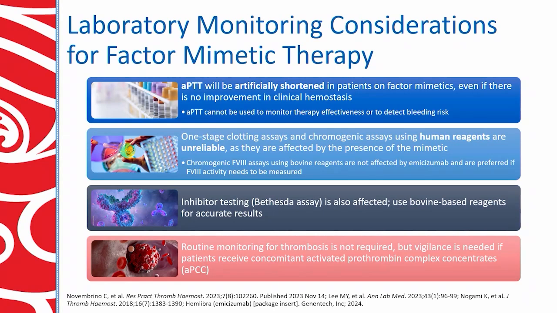So if you want to measure endogenous factor activity or the factor that you replace, then chromogenic assays with bovine reagents are the preferred assays for measuring factor VIII activity. And likewise, inhibitor testing with the Bethesda assay will be affected when patients are on these treatments.